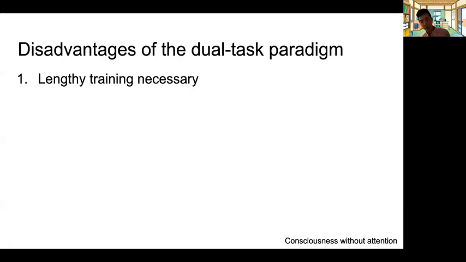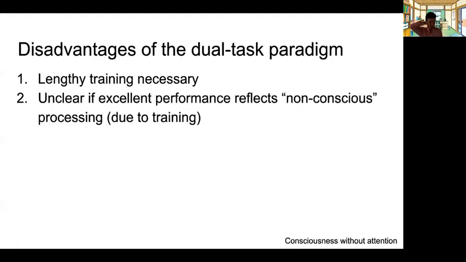Because of this training-related improvement, and because you want to measure performance at center only, peripheral only, and dual task, people have been very careful not to test a subject before the training finishes. But this comes at a cost in this detailed dual task paradigm. Of course, it takes time. It is costly both in human effort and money-wise.